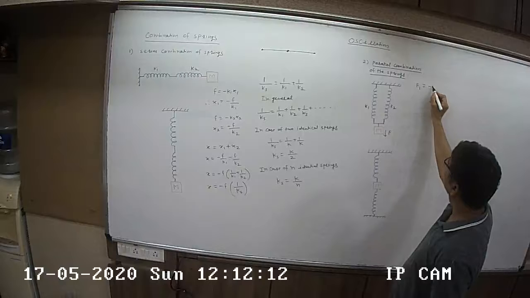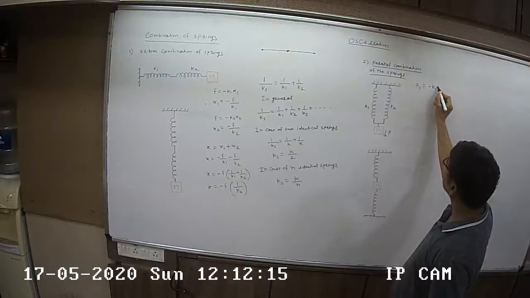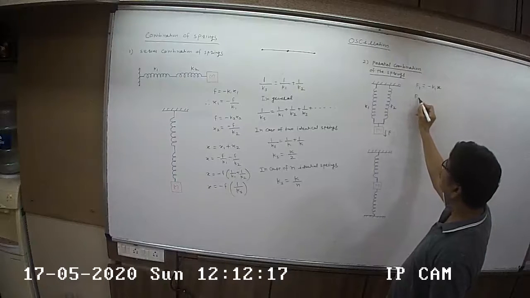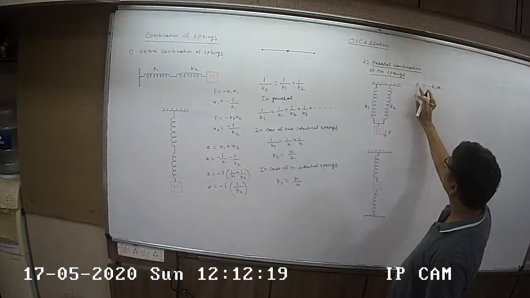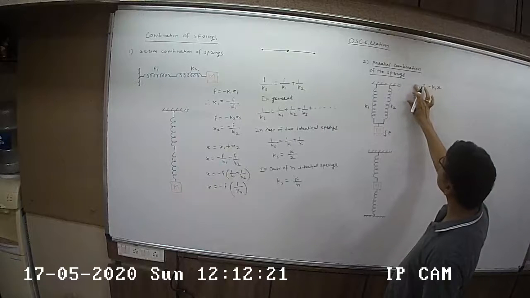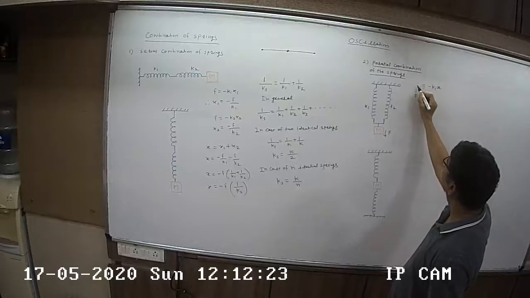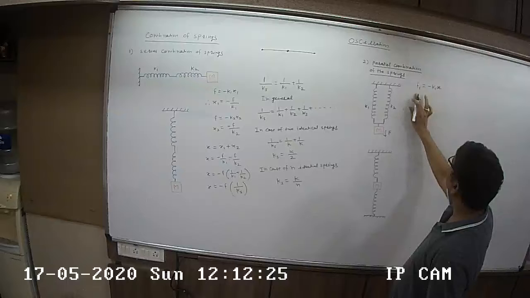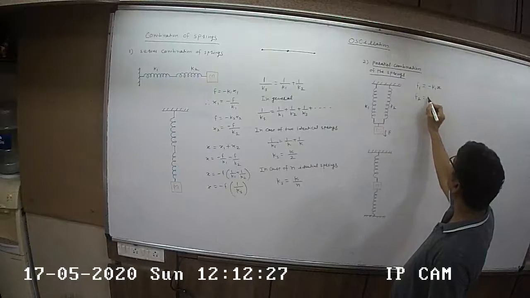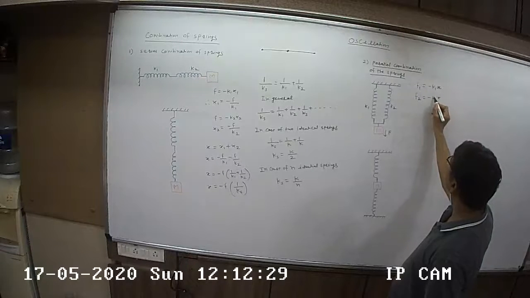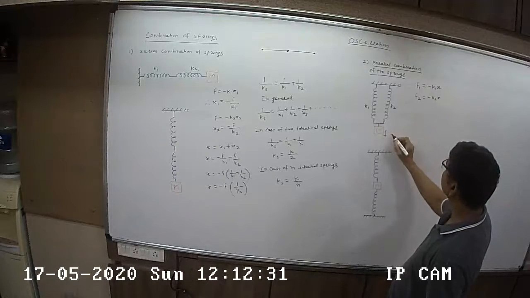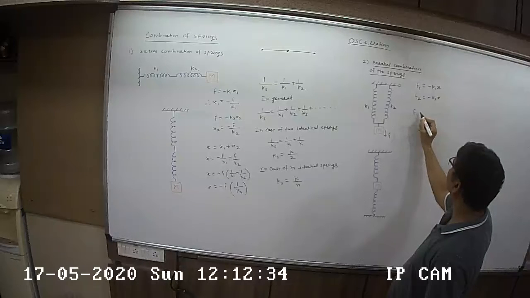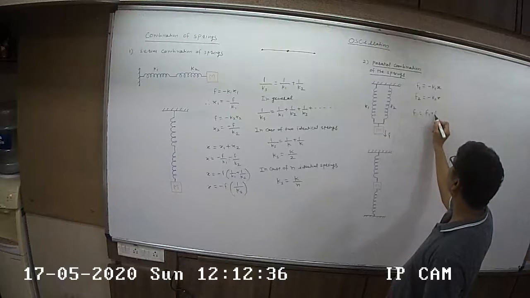F1 will be equal to minus K1 x, and F2 will be equal to minus K2 x. Let us say the total force applied is F. So F is equal to F1 plus F2.